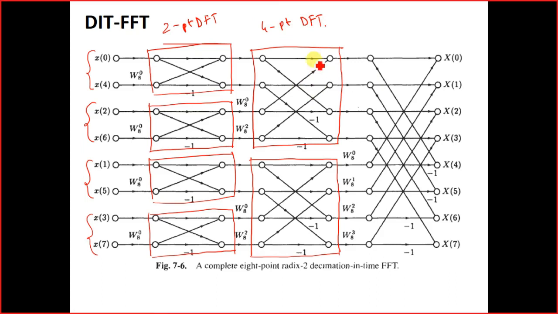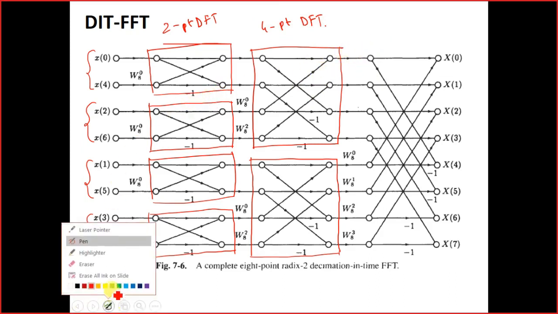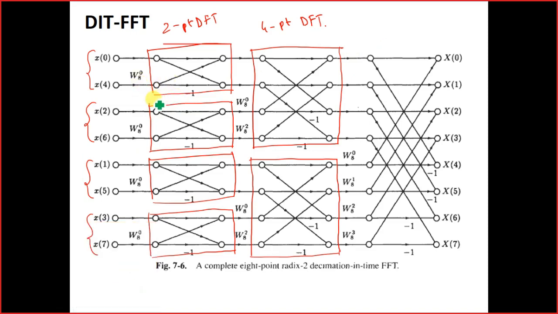Now see, while we are doing the 4-point DFT, we have taken a line which is segregating the two DFTs in the top and the lower part. Similarly over here also we have taken a line which segregates the two DFTs in the top and the lower parts, and using those two we have confirmed this.